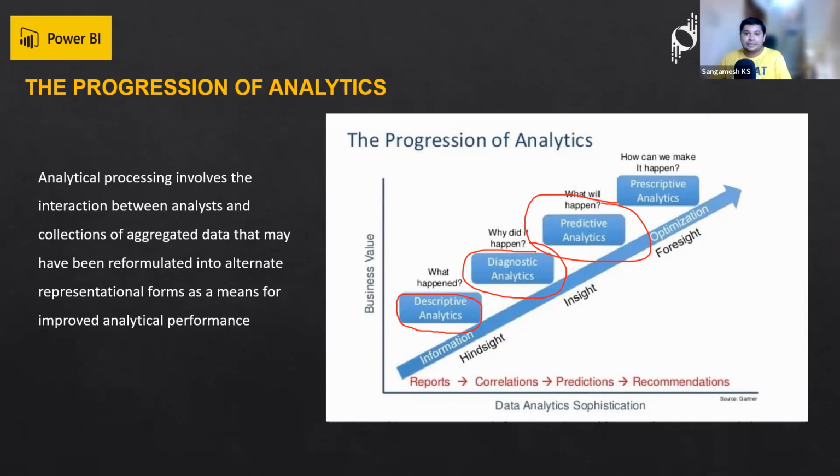They try to understand, I have a capacity where I can store something like 100 boxes of goods, but my sales are going up and down. Do I need to buy a different warehouse where I can store another 1000 boxes? All these decisions can be made using predictive analytics.